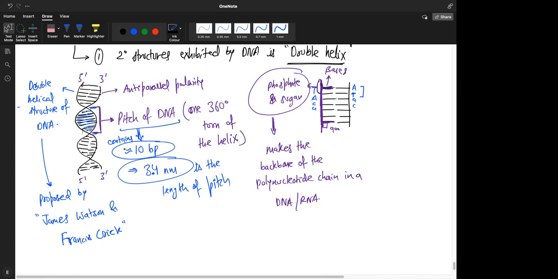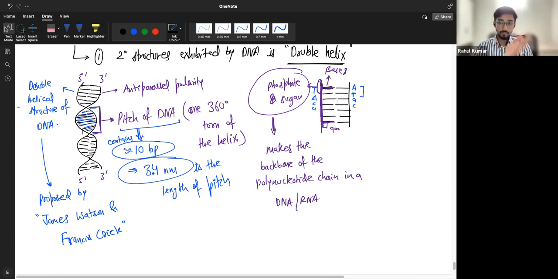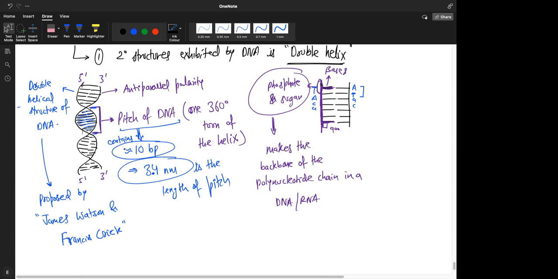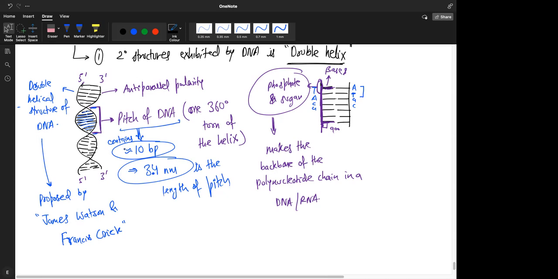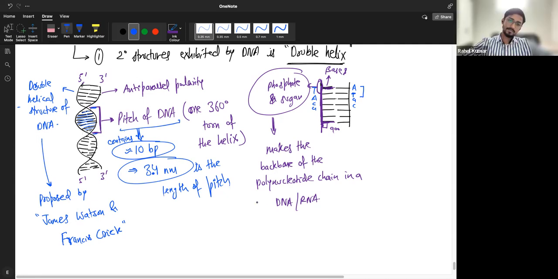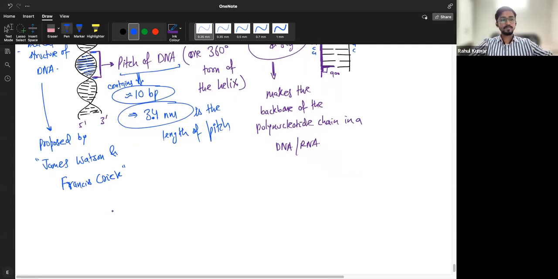3.4 divided by 10. Yes, perfect. What is 3.4 divided by 10, Aisha? Great, good. 0.34. Yes. So write down, this is calculated. This is how they figured it out.